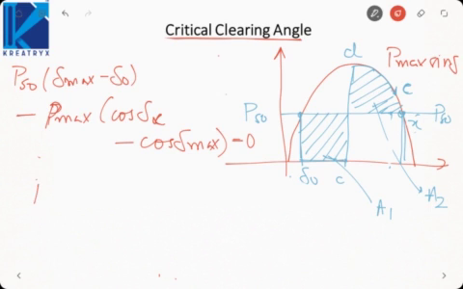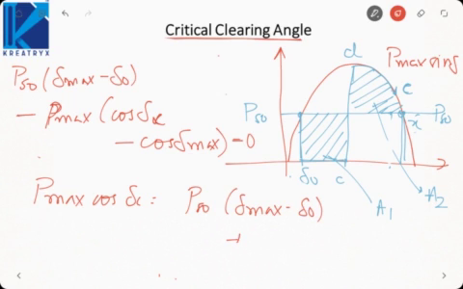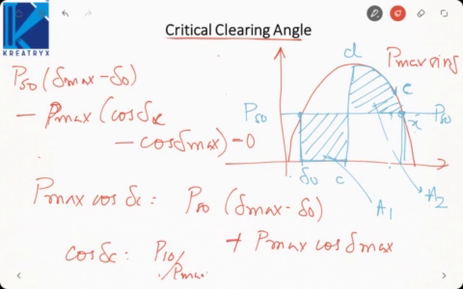So if we try to find P max cos delta C, it will be PS naught into delta max minus delta naught plus P max cos delta max. So cos of delta C will be PS naught by P max into delta max minus delta naught plus cos delta max.